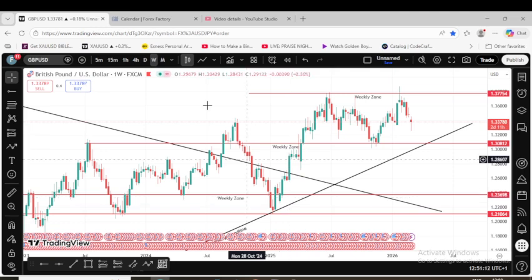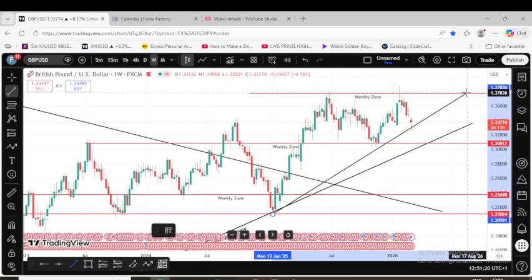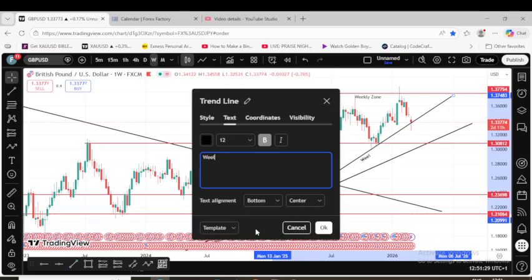Okay, sorry, before we switch to the daily time frame, let us draw a trend line, or let us at least see if we can. And yep, we can draw a trend line here. This will now be our weekly trend line.